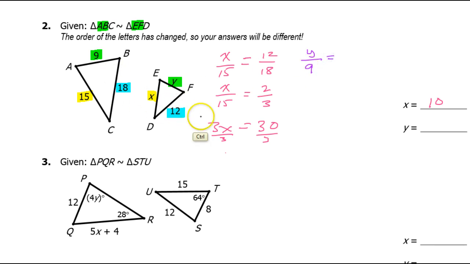And I'll go back to the blues because it's all numbers. So 12 over 18. So y over 9 is equal to 2 over 3. This diagonal gives me 3y. This diagonal gives me 18. If I divide both sides by 3, I get 6.